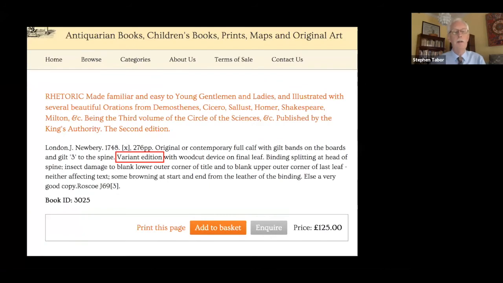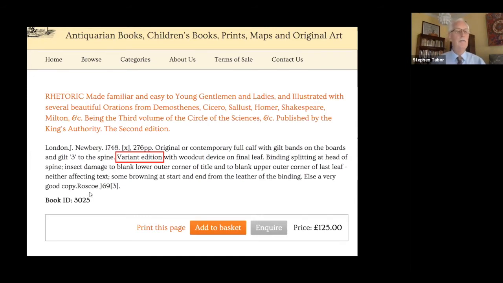Another example of hazy terminology that you see often is variant edition. Usually what the person means are not variants in the sense of corrections during printing, but instead entirely different settings. Presumably the copy offered here is a different setting from the one described in Roscoe's bibliography on John Newbery.